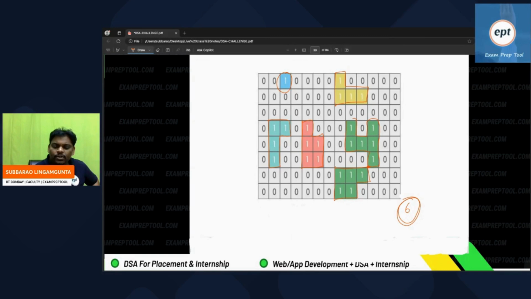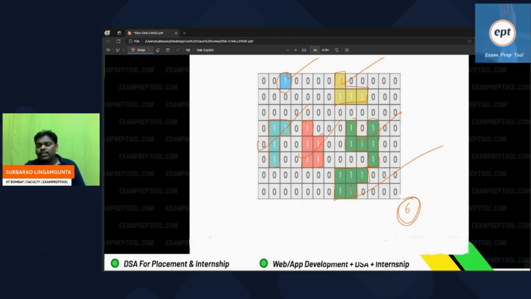It is one connected component, and one more connected component. In a graph, if two vertices are adjacent, you will take them. But here, surrounding ones you will take. That is the only difference.